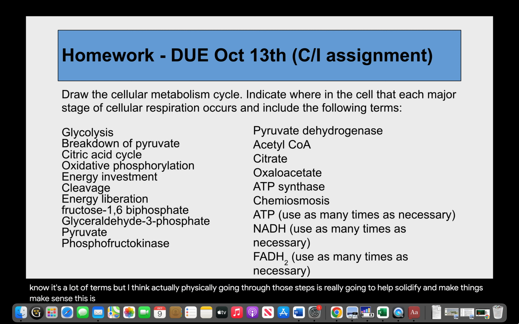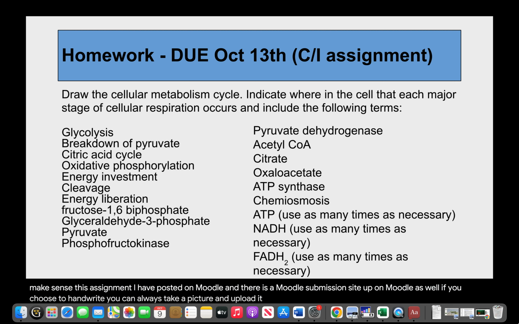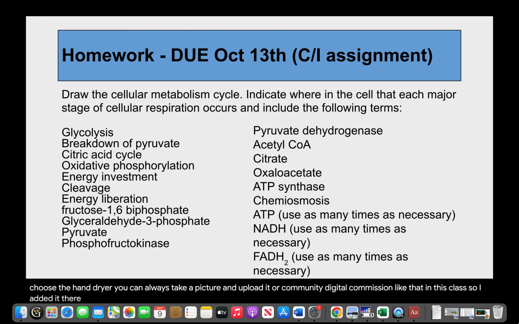I have posted this assignment on Moodle, and there is a Moodle submission site as well. If you choose to hand draw it, you can always take a picture and upload it, or hand it to me in class. But I know digital submission seems to be preferred in this class, so I added it there. There's a lot going on here, but I promise you, this is a great study tool.